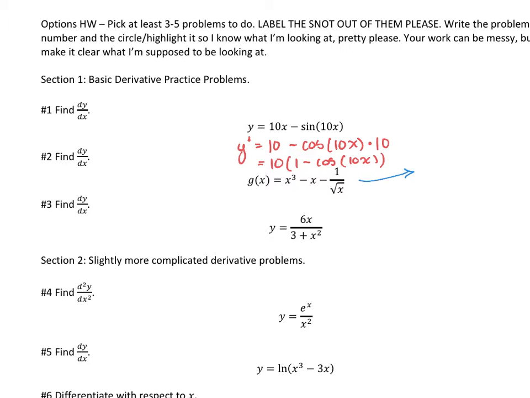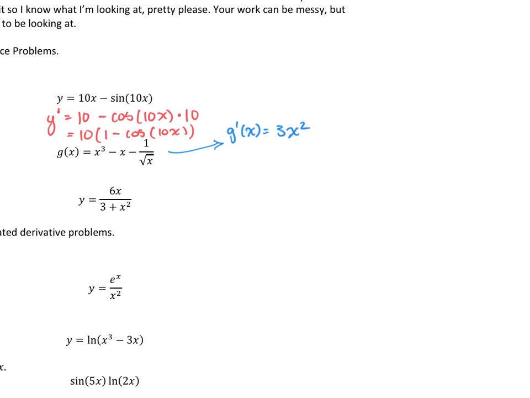This one I'll do over here. And so the derivative g prime of x would get me 3x squared. Let's give me some more space. Minus 1, and then 1 over the square root of x is the same as x to the negative 1/2. So then I would get minus, and then we'd have negative 1/2 x to the negative 3/2.